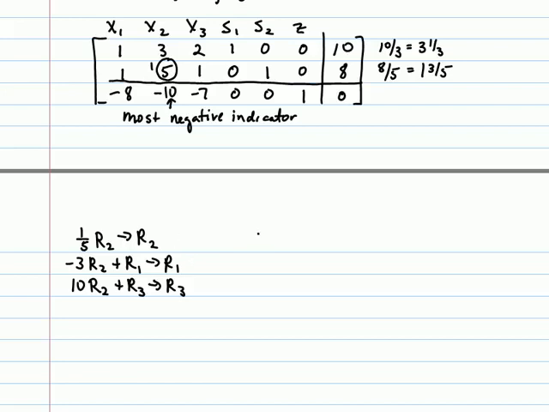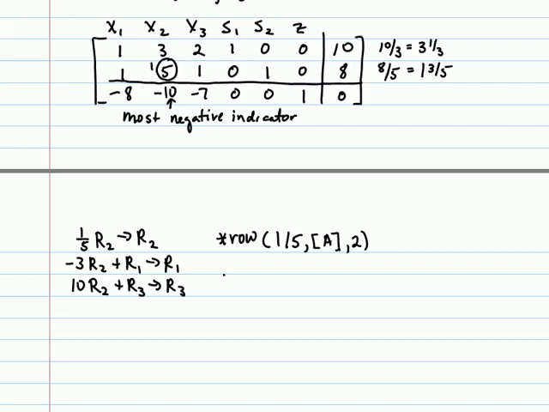Let's see what that would look like if we're going to enter that into our calculator. To do the multiple operation, we will use the times row function. And let's assume that we have entered in our matrix into matrix A. In that case, we would say times row 1 divided by 5, comma, matrix A, row 2.